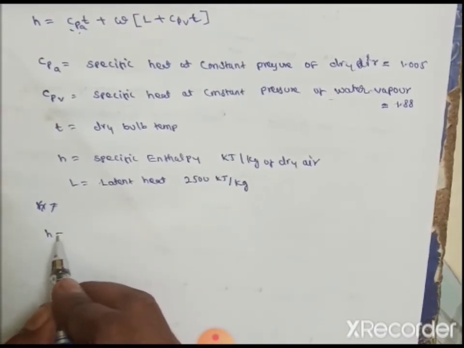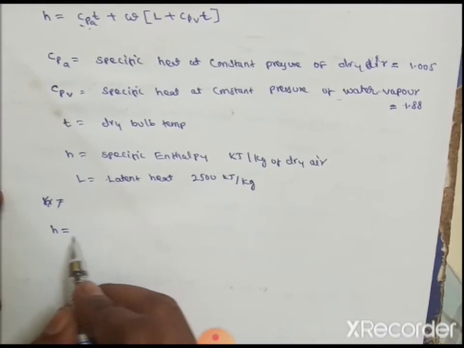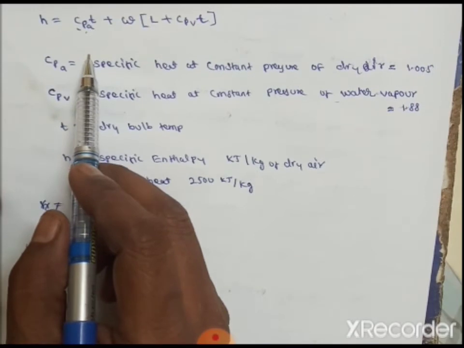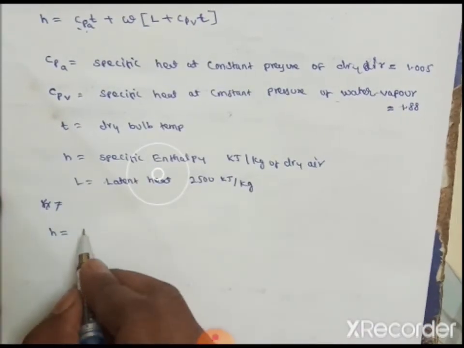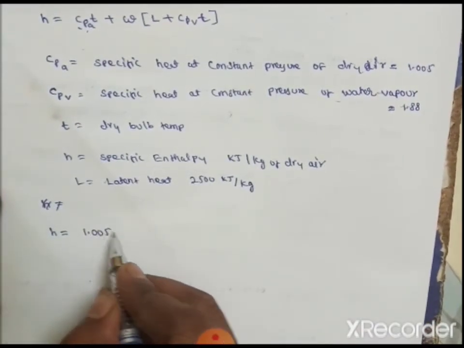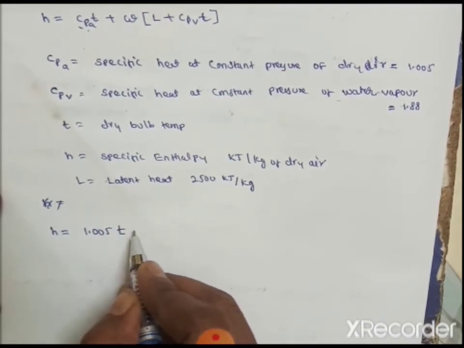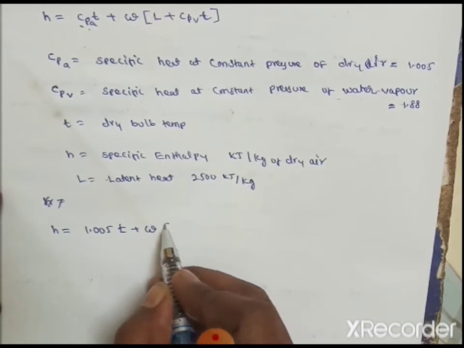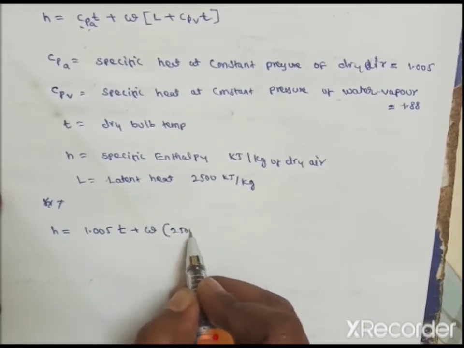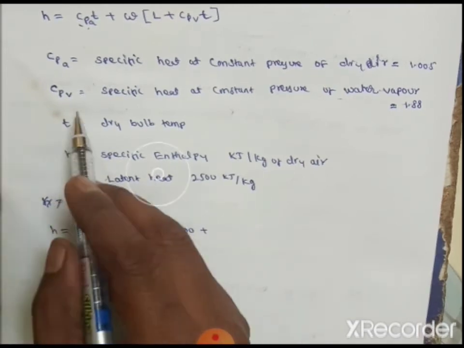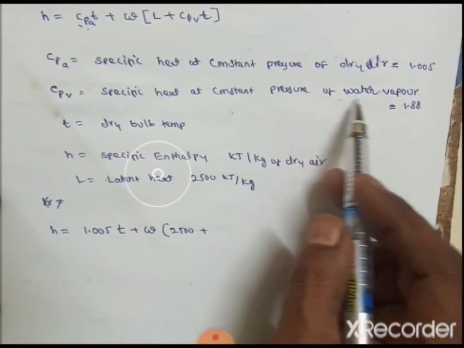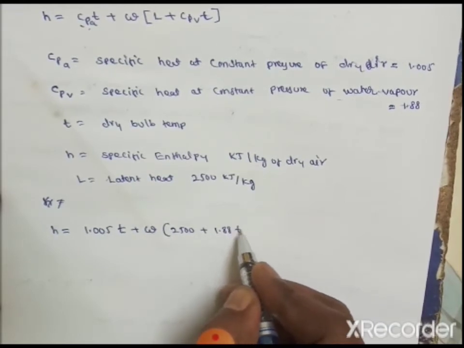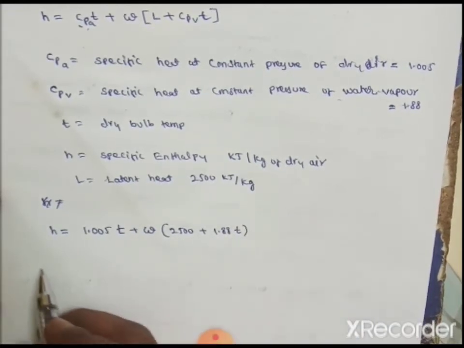So the enthalpy of the moist air is equal to CPA, which is 1.005, times the dry bulb temperature, times the specific humidity, next, 2500 plus CPV, the specific heat at constant pressure of the water vapor, 1.88 times the dry bulb temperature.